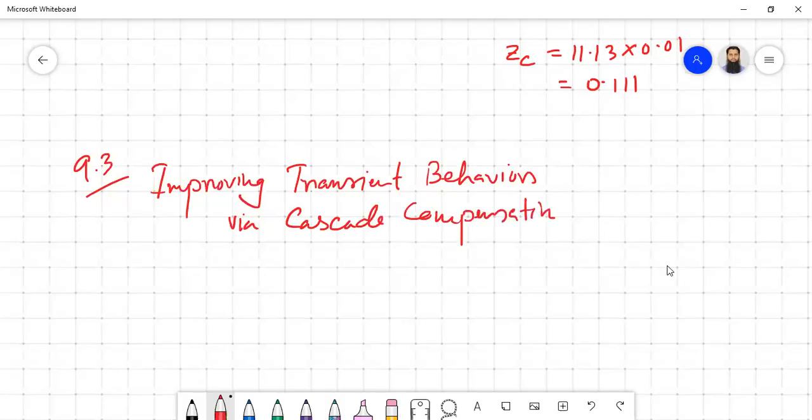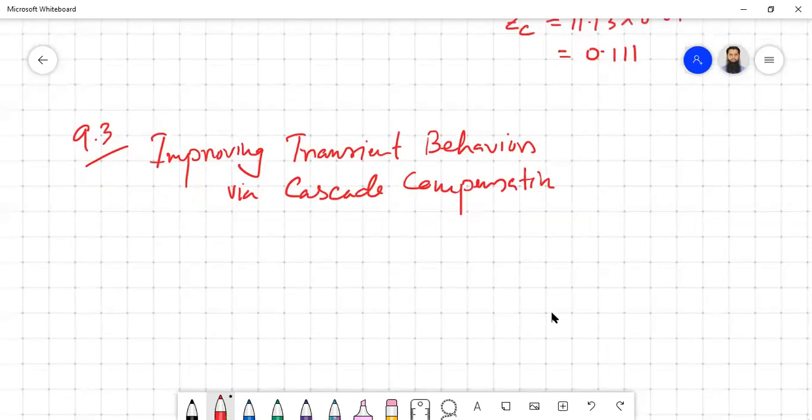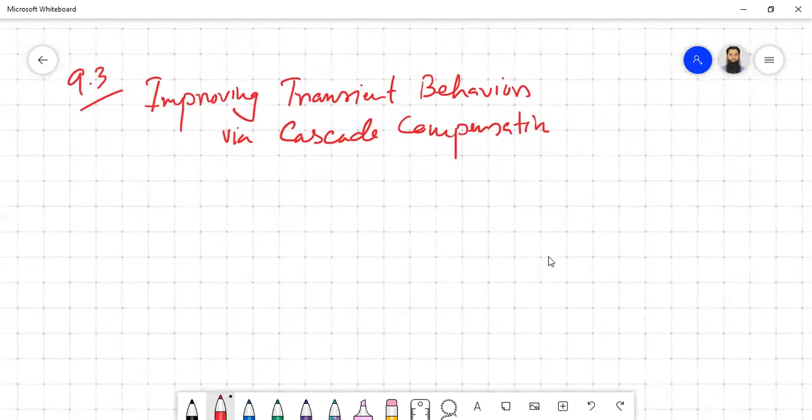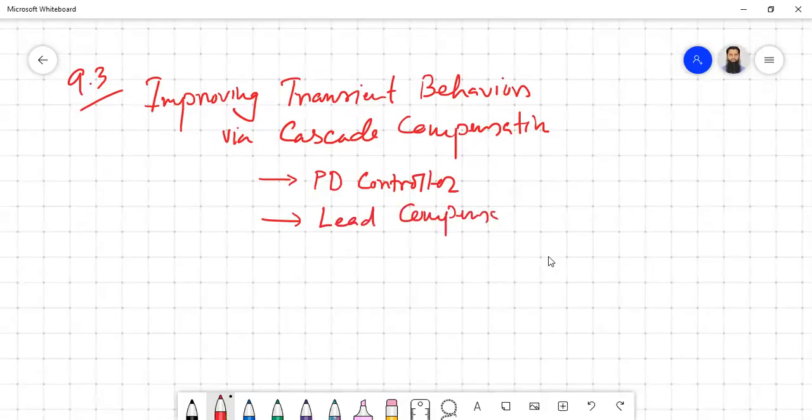Okay. We already said at the introduction of this chapter that this has to be done in two ways. We have to introduce additional zeros in two ways. One is the PD, proportional derivative controller, and the other one is a lead compensator. We are going to see both of them, starting with the first one.